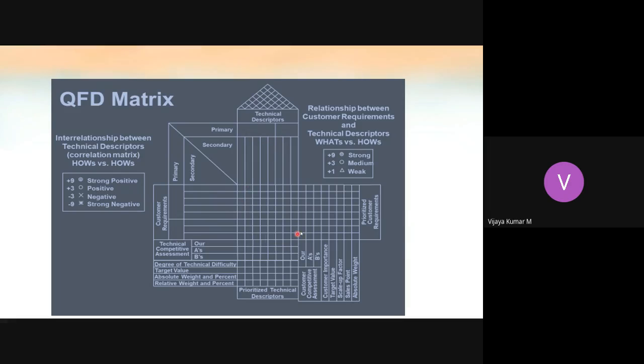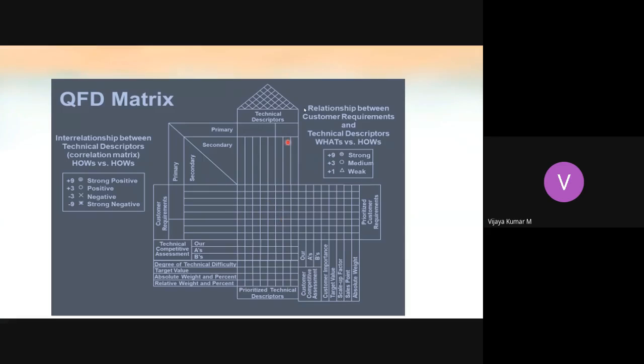They will decide whether it is strongly preferable, weakly, or mediumly preferable. Accordingly, they will develop this matrix with the help of the scale called +9, +3, and +1, or this is the symbol they will use. There are different kinds of symbols you can also use for filling this particular matrix.